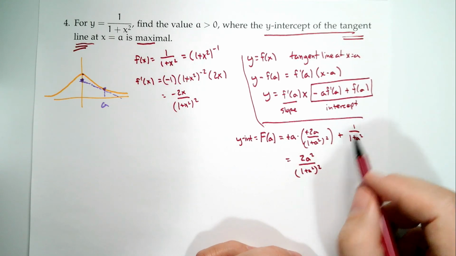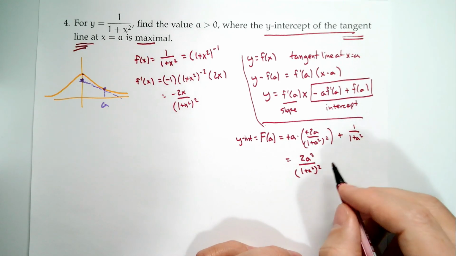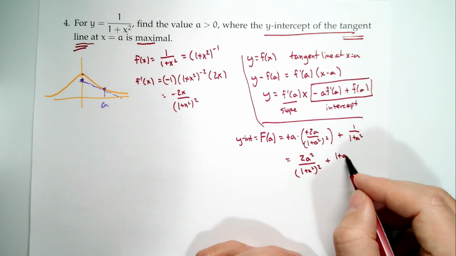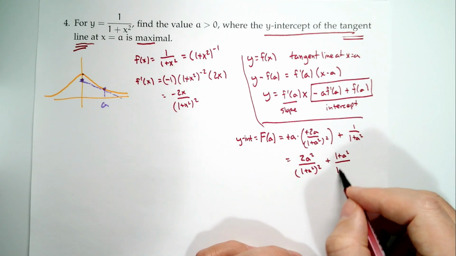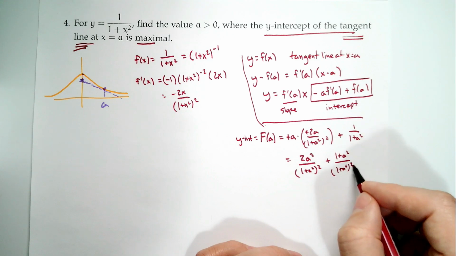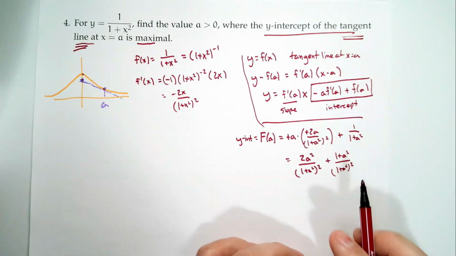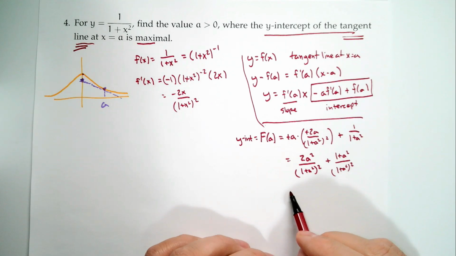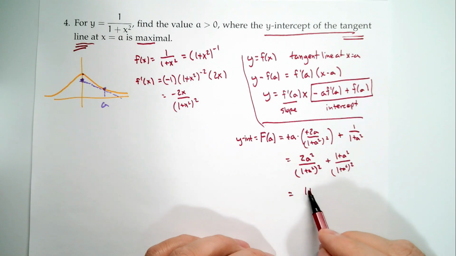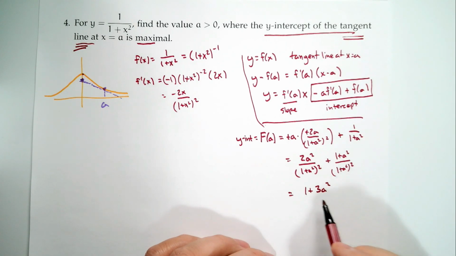Now, if I wanted to add these together, I'd get a common denominator. So plus (1 plus a squared) over (1 plus a squared) squared, because I multiply top and bottom by 1 plus a squared, which makes this (1 plus 3a squared) divided by (1 plus a squared) squared.